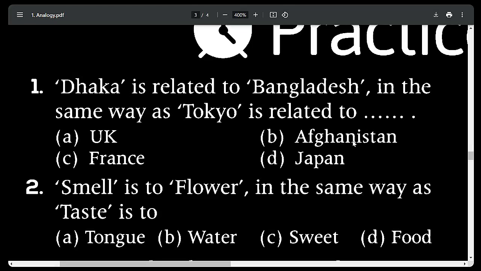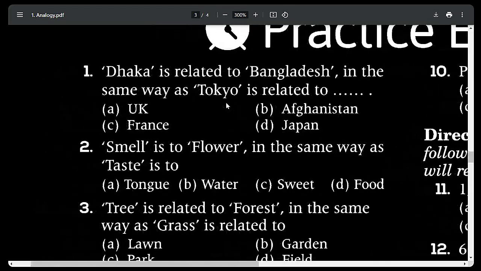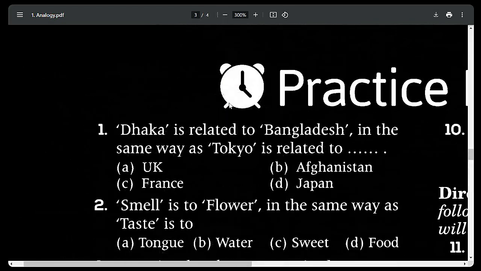I'm zooming. Yes, sir. So I zoom out. What about now? You can see the question clearly. Option C. Is it clear, Aditi? Sir, yes.